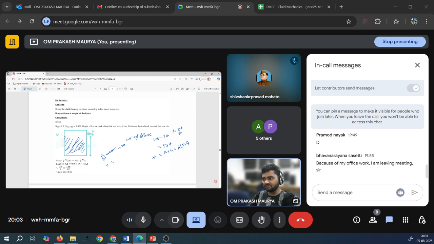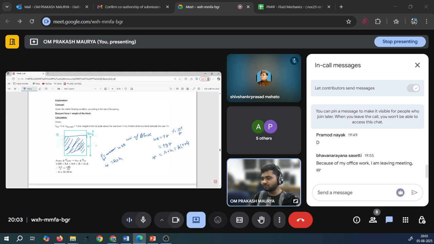So this much is displaced, which means the height is h only, and the area is the area of ice. Here the area is the same, so I am writing area of ice and height h.